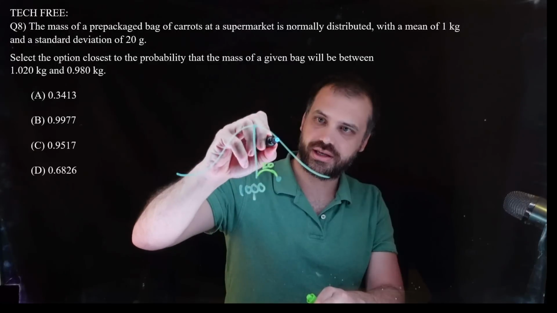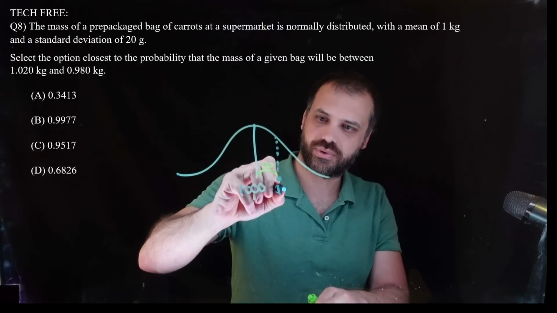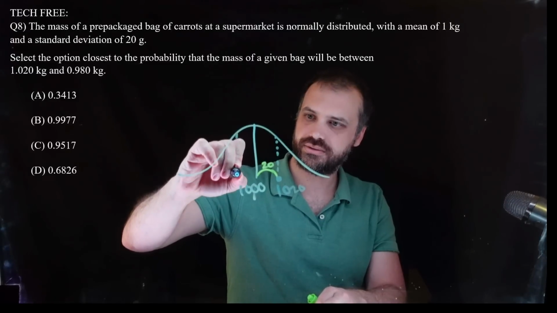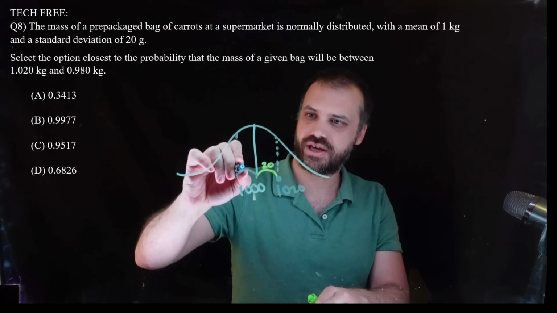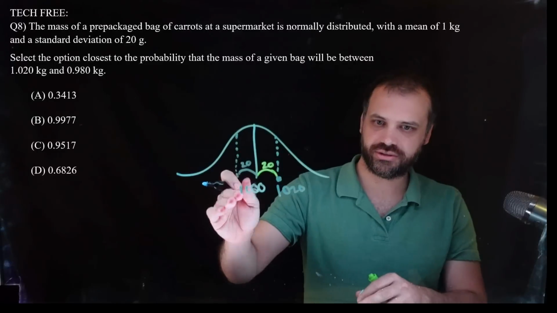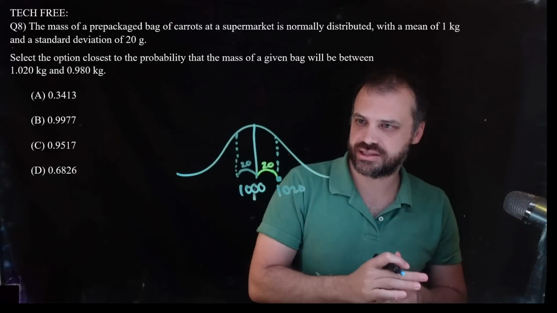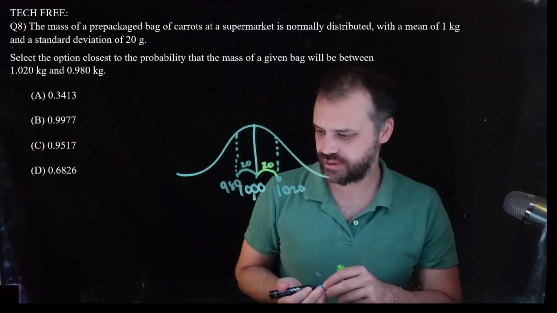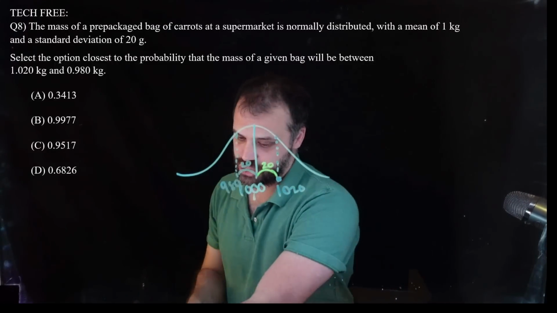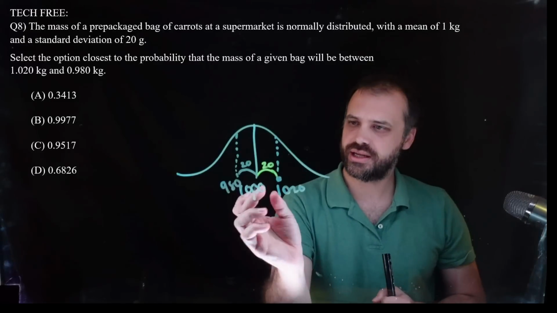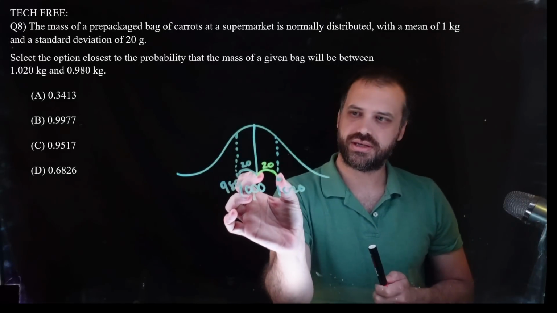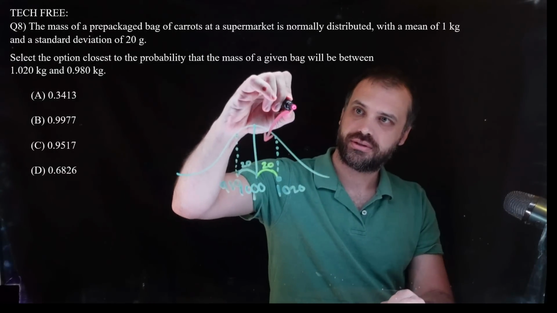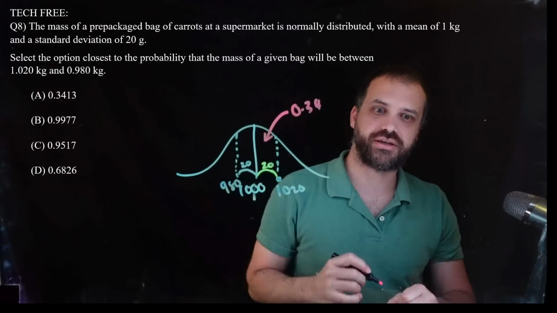Okay, so 1.02 is right there, 1020. And here, one standard deviation in the other direction, 0.98, is 980. Now, a thing that you should know is that the area between the mean and one standard deviation is approximately 0.34.